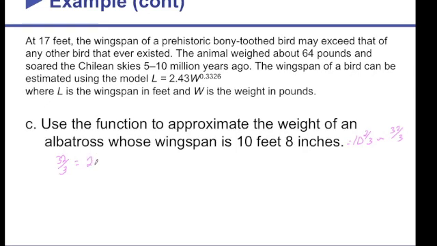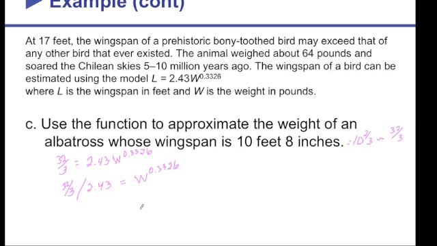It equals 2.43 times W to the 0.3326. So I'm going to divide by 2.43. I'm going to take that 32 thirds and divide that by 2.43. That equals W to the 0.3326.